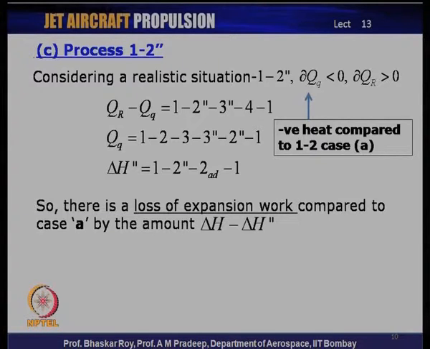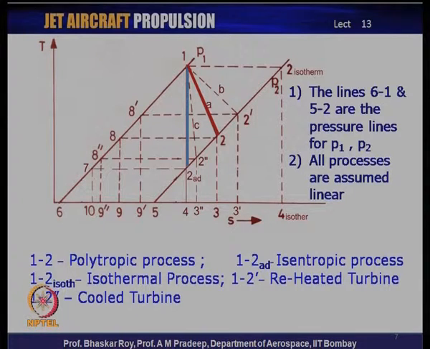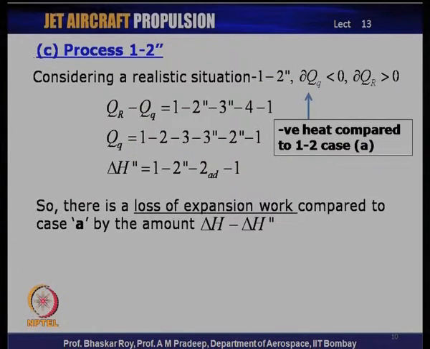This difference between these two can be given in terms of 1 2 double prime 3 double prime 4 1. So, let us take a look at the picture. 1 2 double prime, that is a dotted line down here, and 3 double prime and 4 and then 1. That is the net heating that may be going on, the difference between the heat that is taken out by cooling and the heat that is added by friction internally.